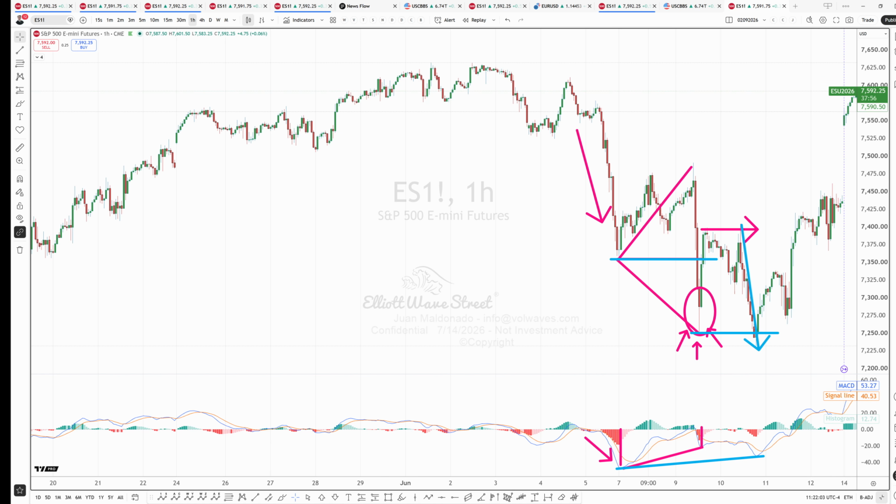Or if you are following the trend on the other side, once you have the divergence, you're not going to sell anymore. You are not going to sell here, probably you're going to sell here because you have the momentum on your side.